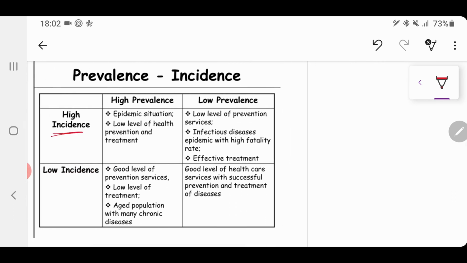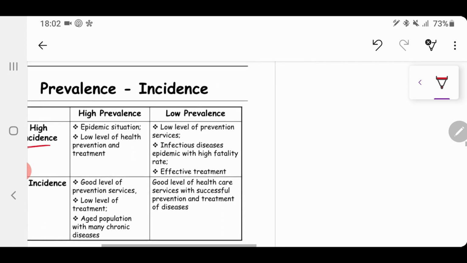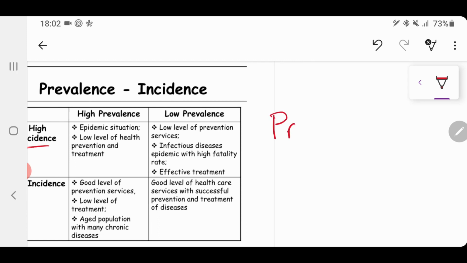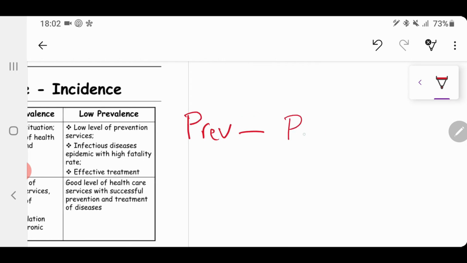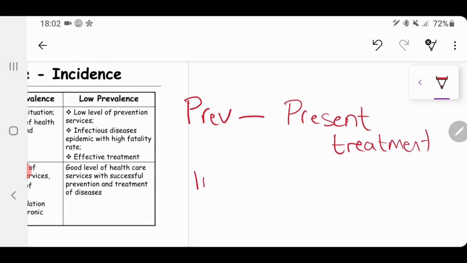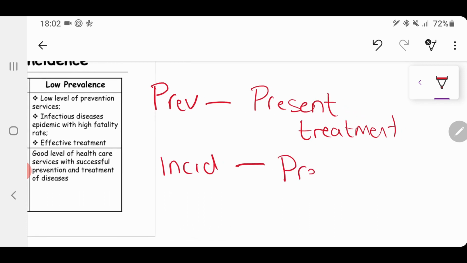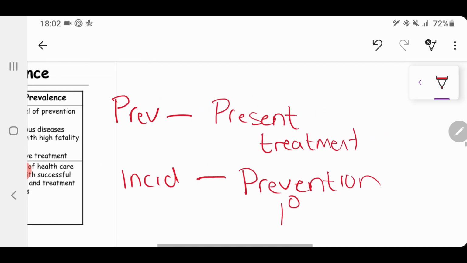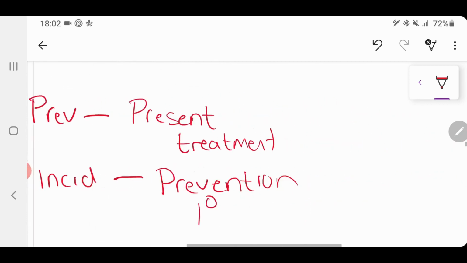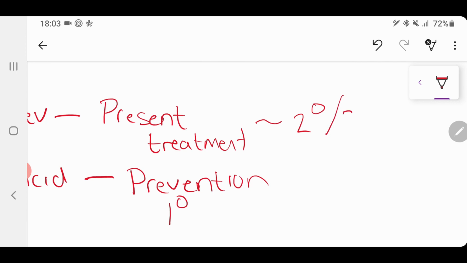And so with that information, you can deduce all the different configurations, keeping in mind that prevalence has to do with present treatment, and incidence, because this focuses on future cases, has to do with prevention, and this can be specific to primary prevention. Prevalence is more associated with the secondary and the tertiary.